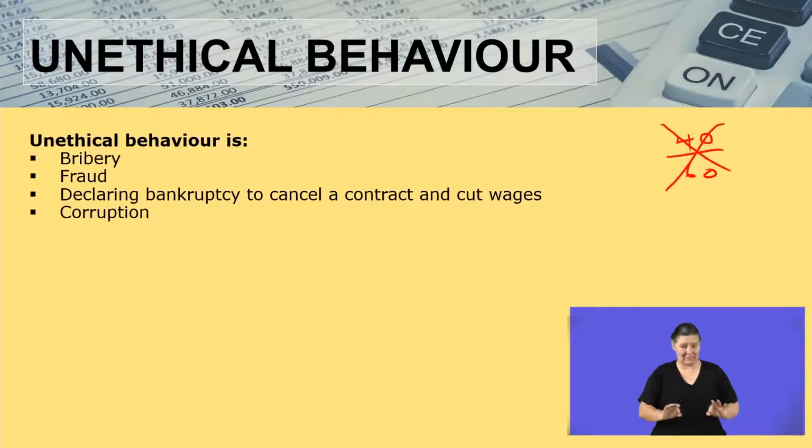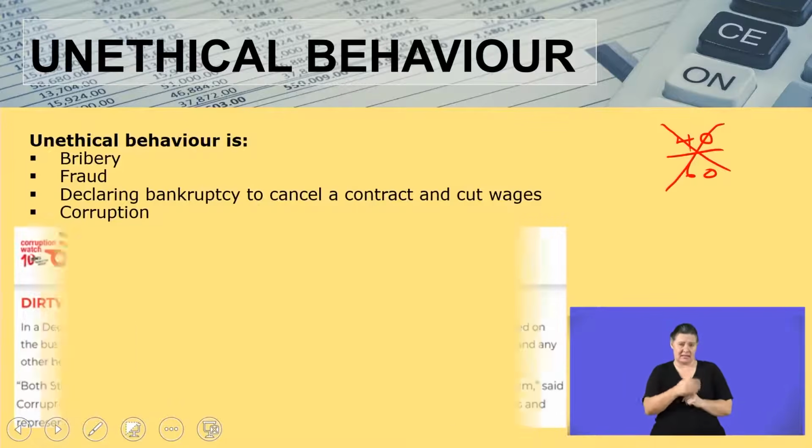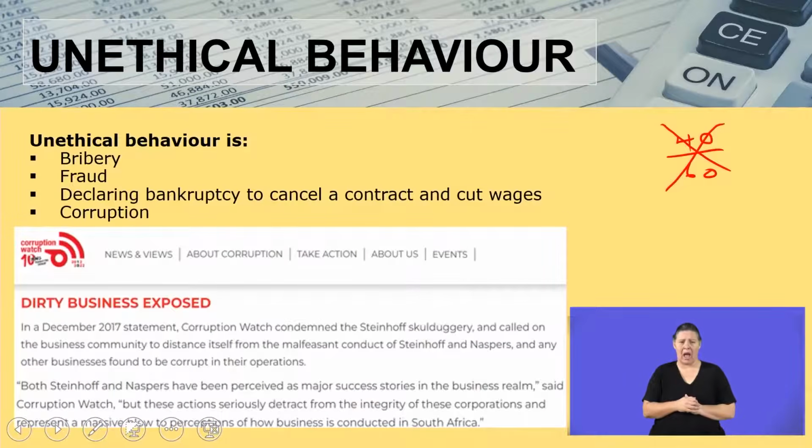For you to understand corruption nicely, I have a case study here of dirty businesses being exposed. It reads, in a December 2017 statement, Corruption Watch condemned Steinhoff. So this is a company that was involved in corrupt behavior.